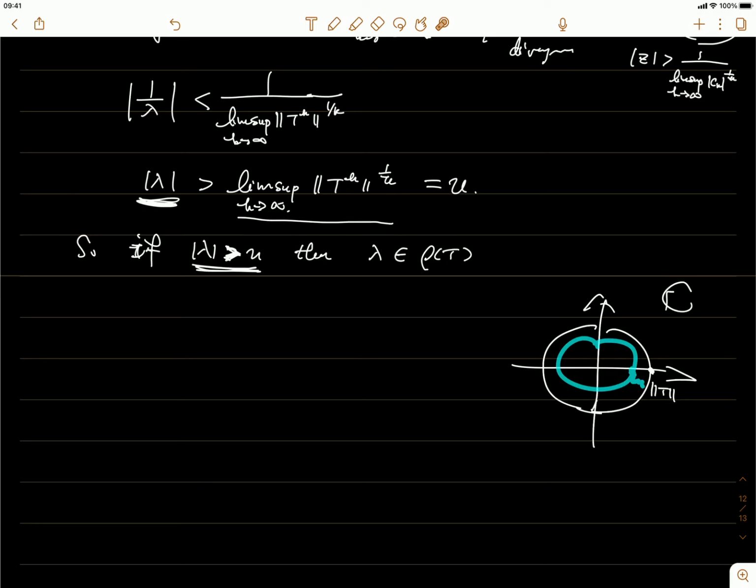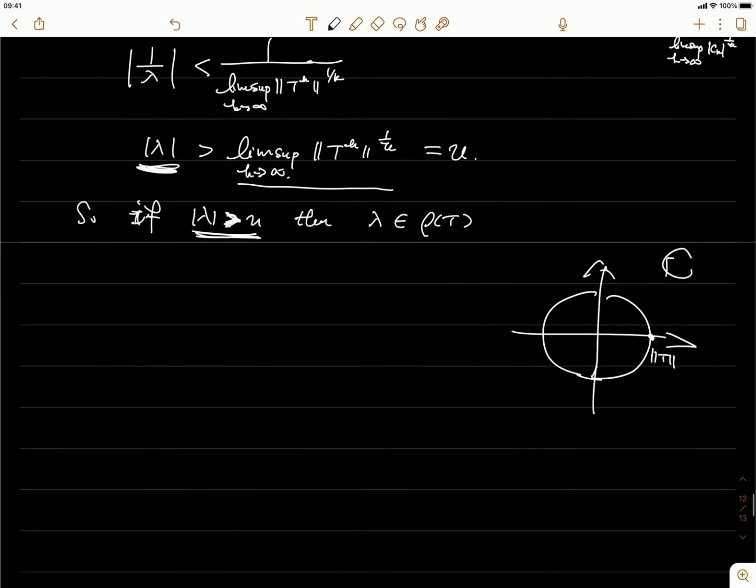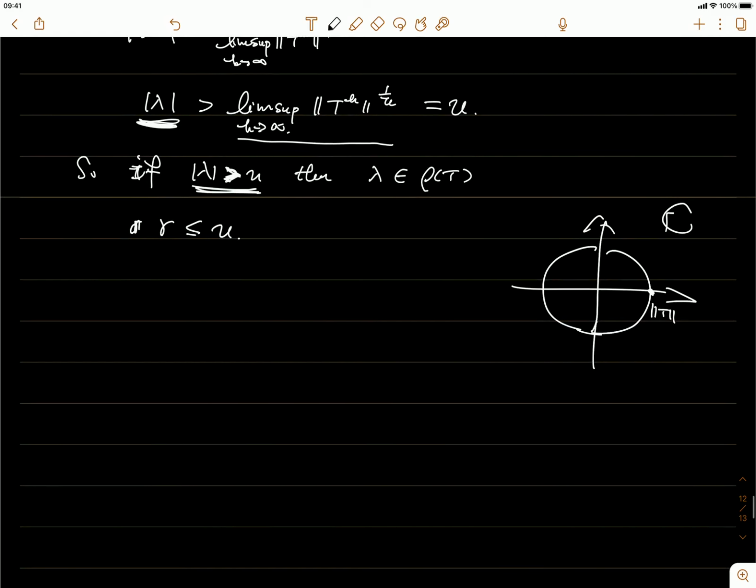So from this side we can see that the spectral radius r must be less than or equal to u, because outside of that it belongs to the resolvent set rho(T). So that's the first thing we showed. Second thing is that we want to show that r is also greater than or equal to u.